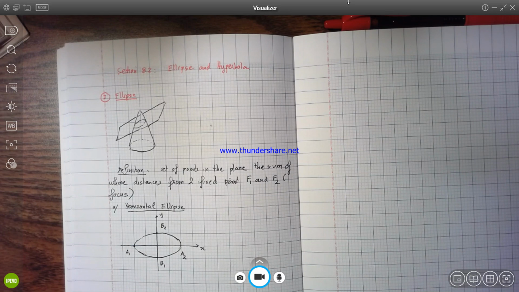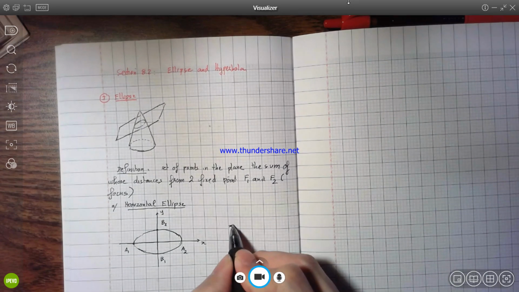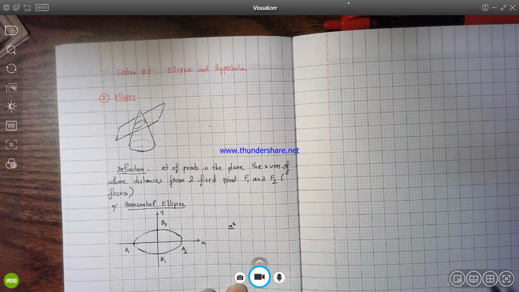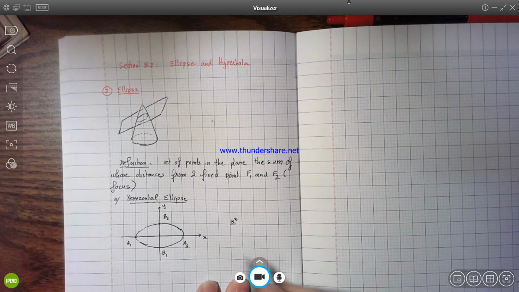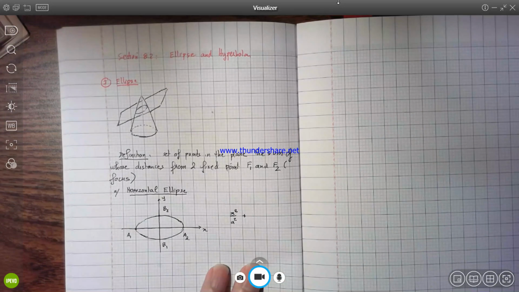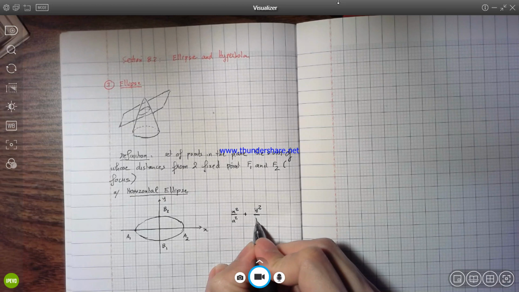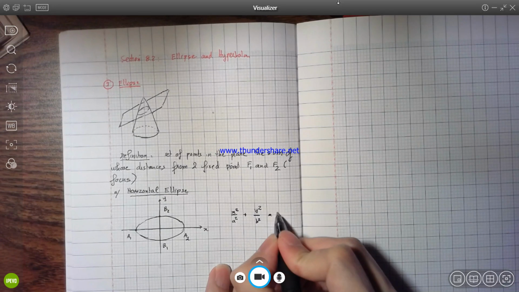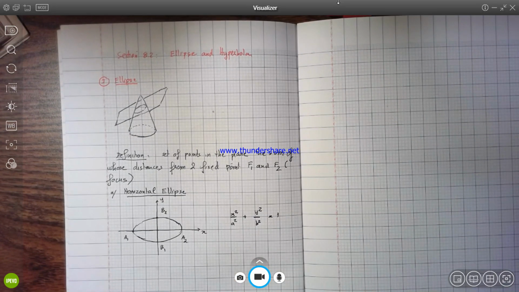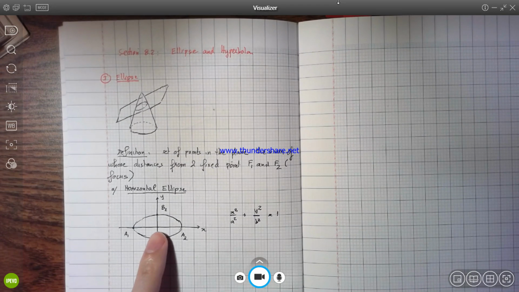The equation that represents a horizontal ellipse whose center is at the origin is x squared over a squared plus y squared over b squared equals 1. So the center of the ellipse is right at the origin, (0, 0).